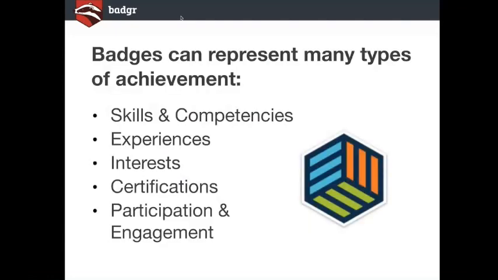But badges are a very flexible type of vehicle for information about achievements. They can recognize many different types of learning across someone's lifelong learning journey. Core to these are skills and competencies, but they can also describe experiences, interests, and patterns of engagement you have within a discipline.